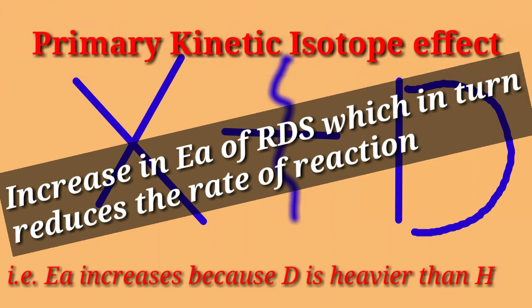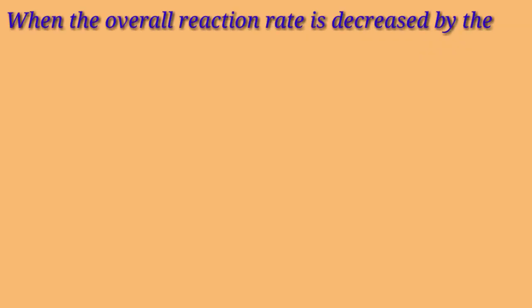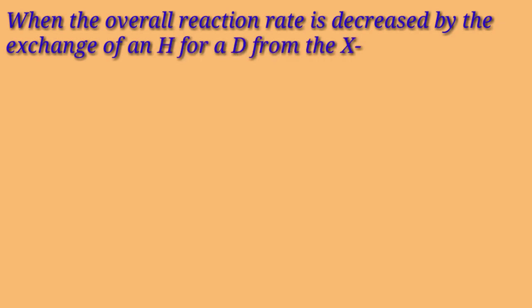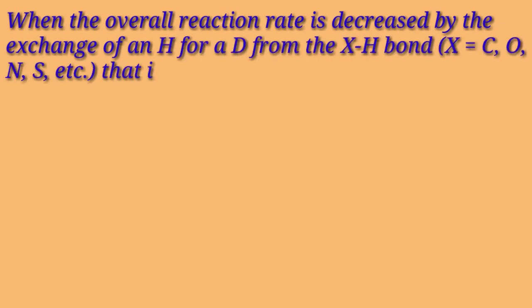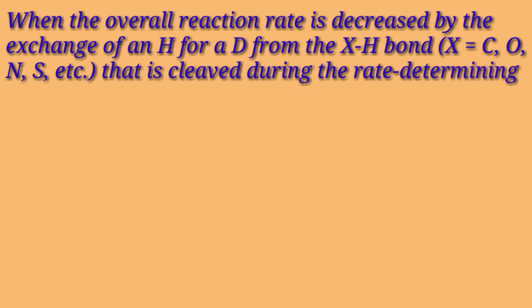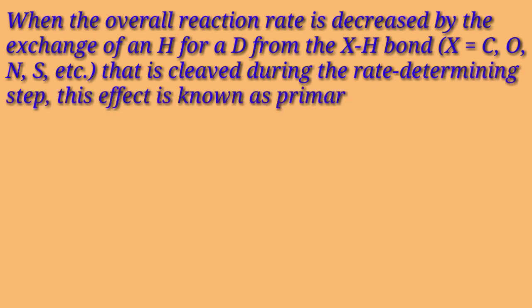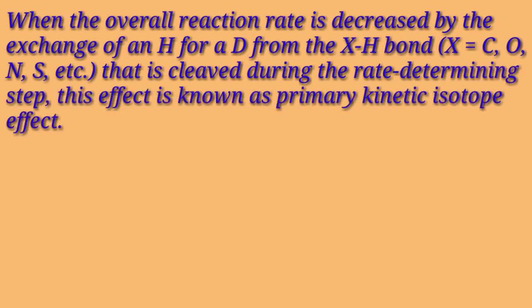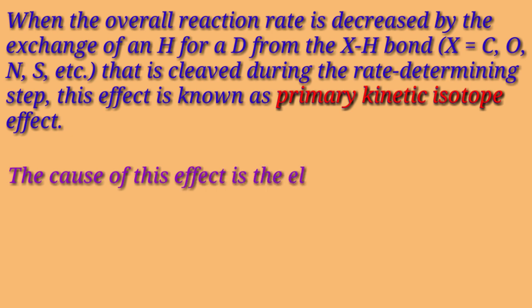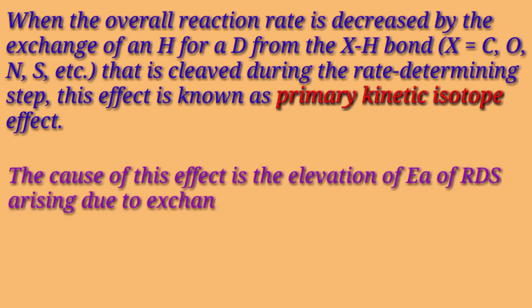So in short, we can say that when the overall reaction rate is decreased by the exchange of a hydrogen for a deuterium from the X-H bond that is cleaved during the rate determining step, this effect is known as primary kinetic isotope effect. The cause of this effect is the elevation of activation energy of the rate determining step arising from hydrogen-deuterium exchange.